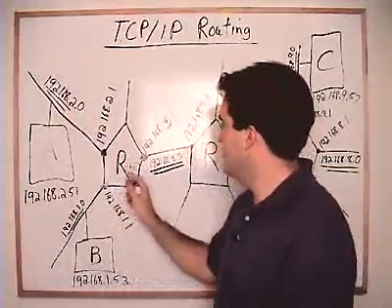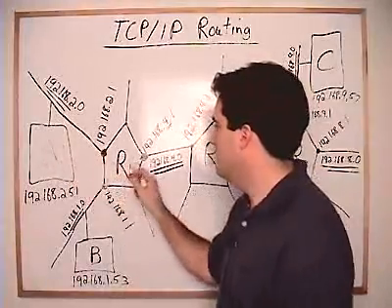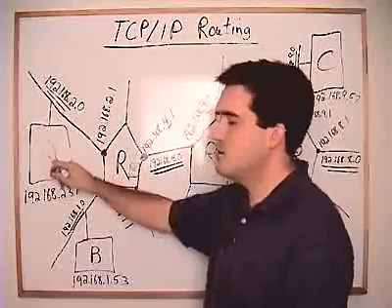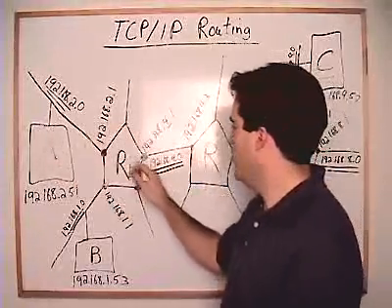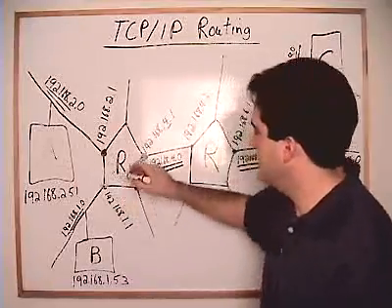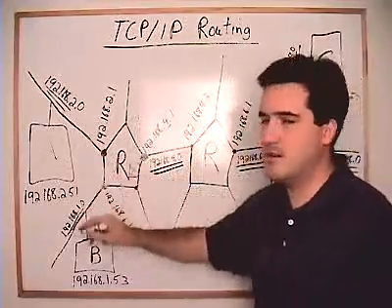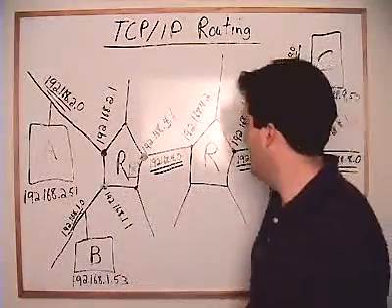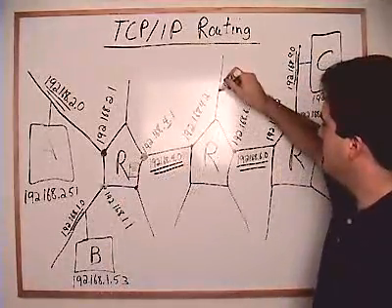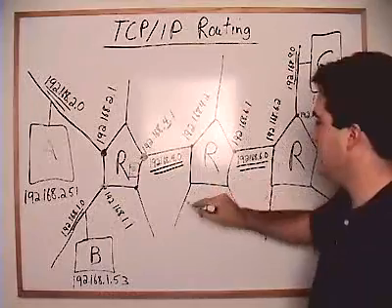So if we're this host, we're dealing with the route table on this router here, trying to have this host communicate with everybody. What static routes does this guy need to add? Well, he doesn't need to add a static route for any of his own configured interfaces. He can already get to those. But what if he wanted to get to this interface, or this interface, or this interface, or this interface?